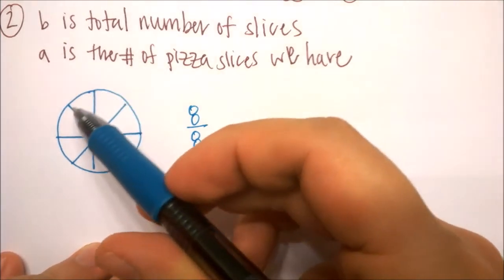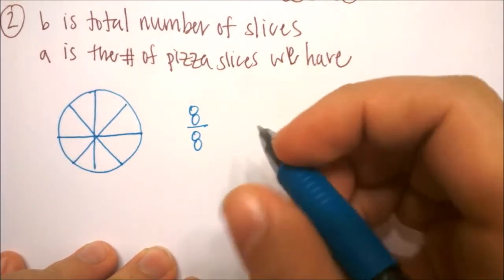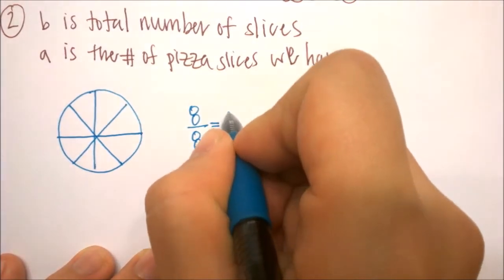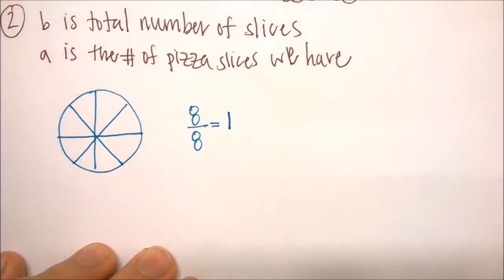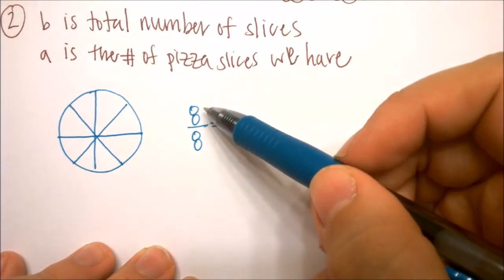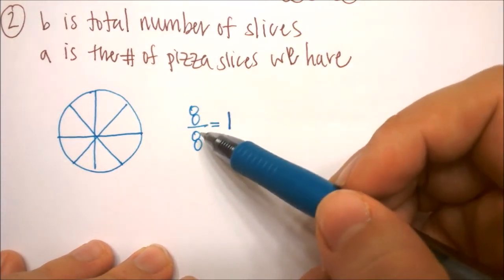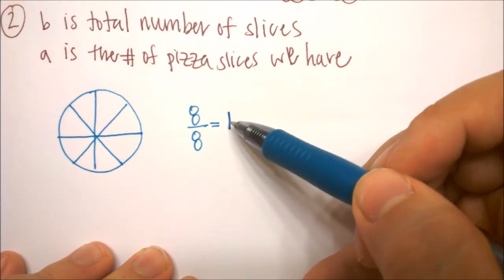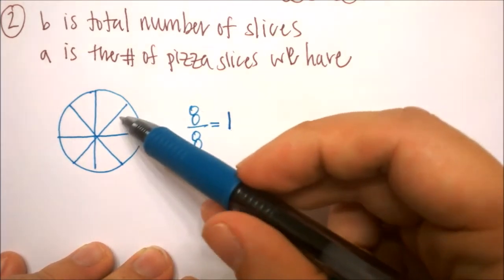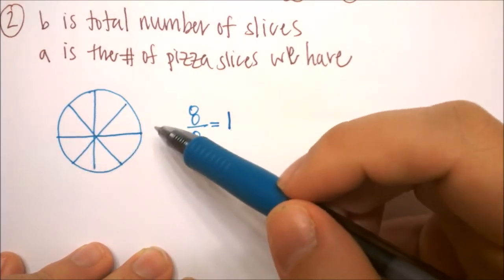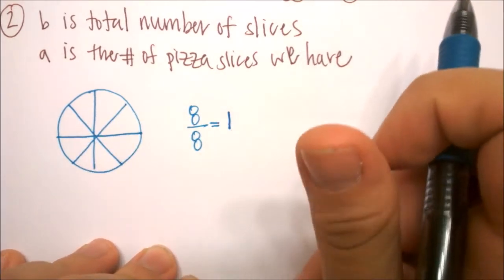If we have 8 out of 8 total slices, we have 1 whole pizza. So 8 over 8 just equals 1. So there is one property for you: if you have a fraction and your numerator is equal to your denominator, it just equals 1, because if we have 8 slices out of 8 total slices in our possession, then we have one whole pizza.